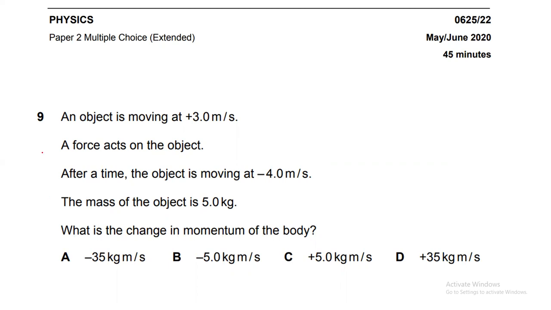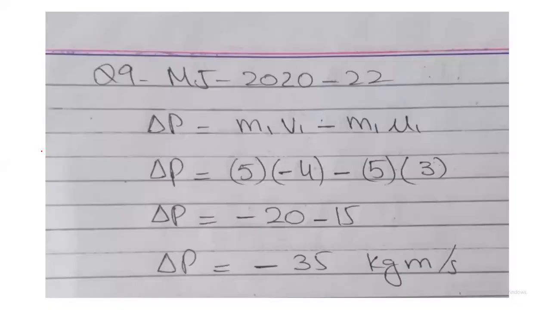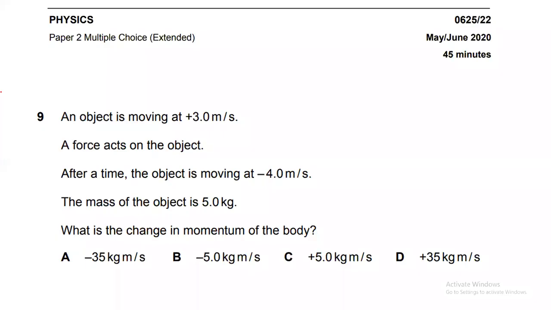So the change in the momentum is m1 v1 minus m1 u1, final momentum minus initial momentum. So 5 into minus 4 and minus 5 into 3. So it will be minus 20 minus 15, and that will be minus 35 kg meter per second.